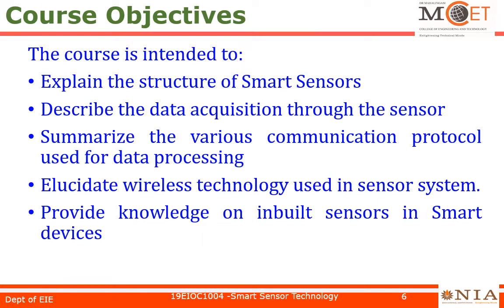So the objective of the course is to explain the structure of a smart sensor, describe the data acquisition through the sensor, summarize the various communication protocols used for data processing, elucidate wireless technology used in sensor systems, and provide knowledge on inbuilt sensors in smart devices.